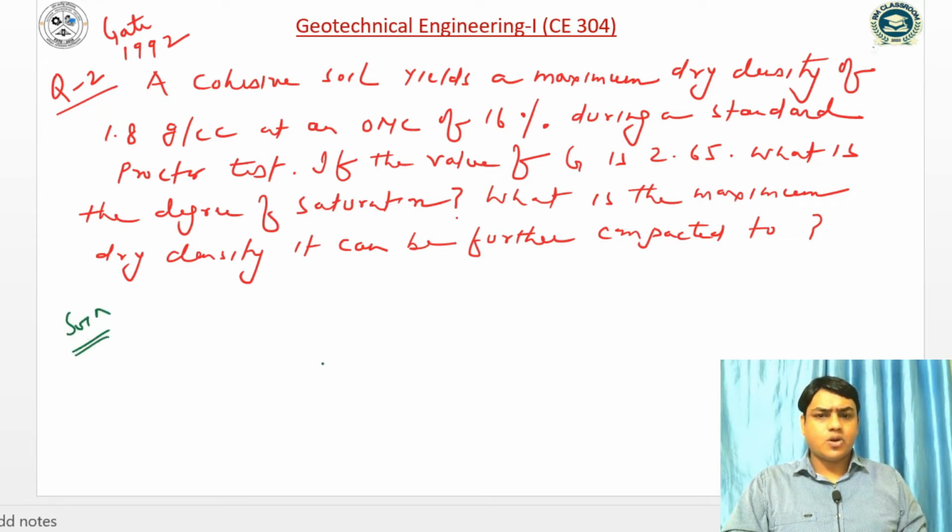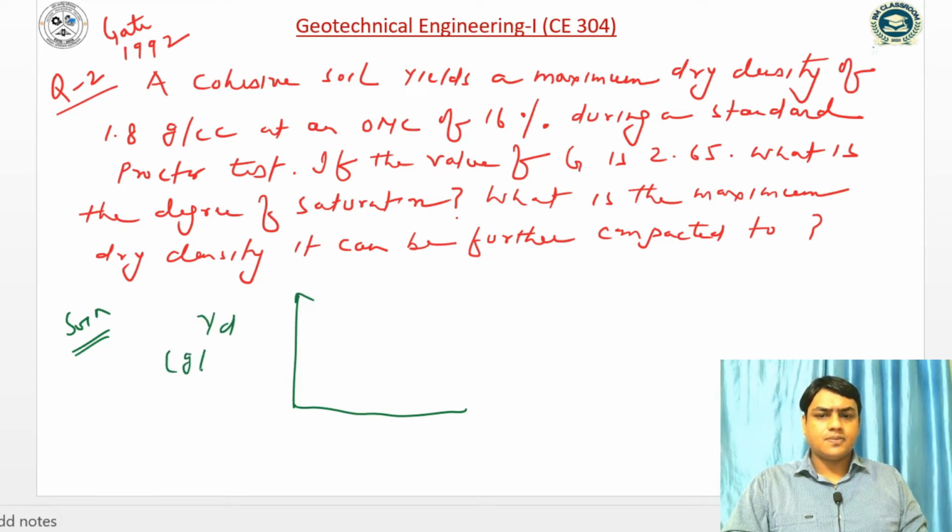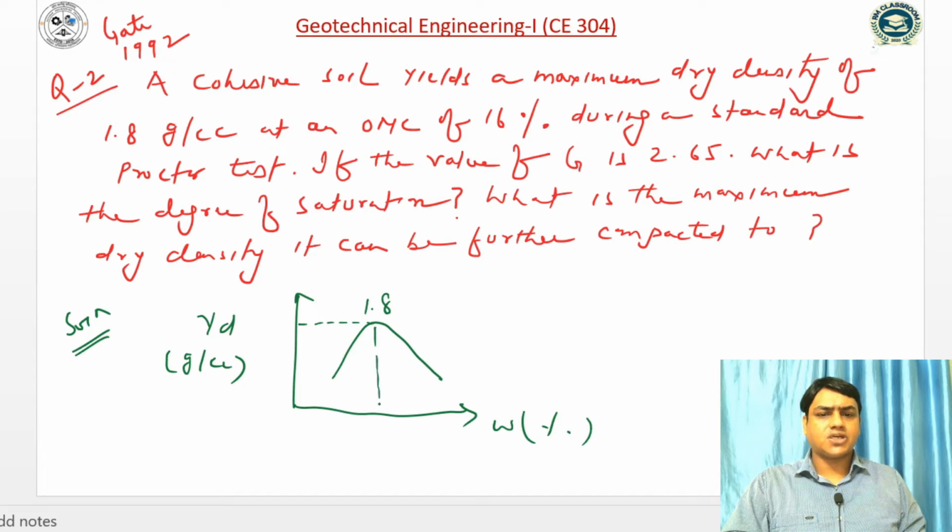So it is given from the compaction curve. If I draw the compaction curve, this is the dry density in gram per cc and the moisture content in percentage. The maximum dry density is 1.8 and the optimum moisture content is 16%, and the specific gravity of solid is 2.65.